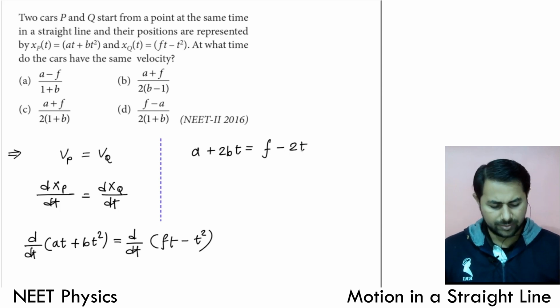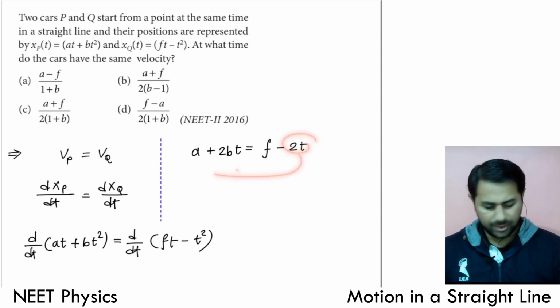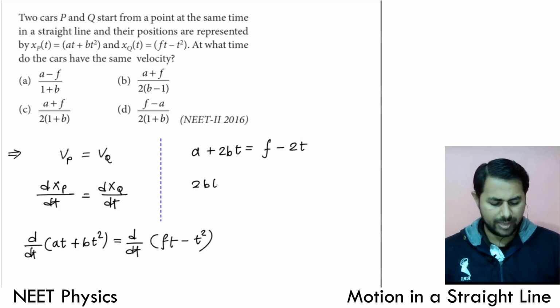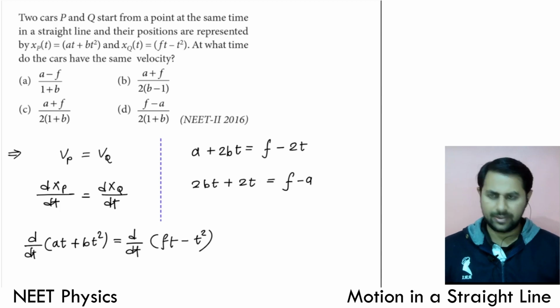Okay, now move this to this side, so this becomes 2bt plus 2t is equal to f minus a, right?